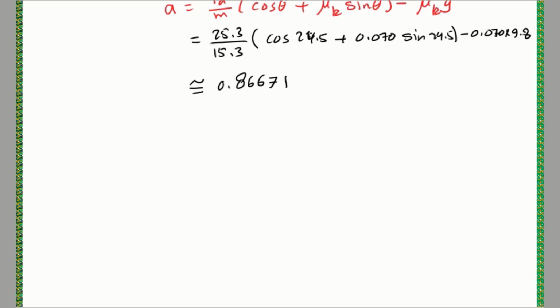In our questions we have three significant figures, so we can write it as 0.867 meters per second squared.